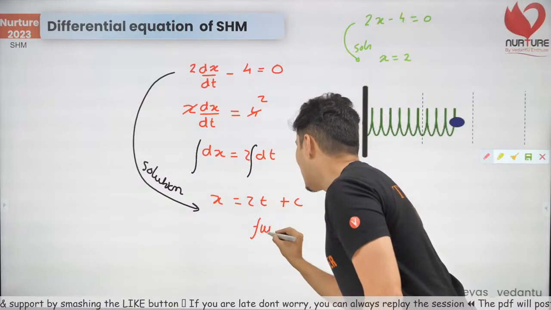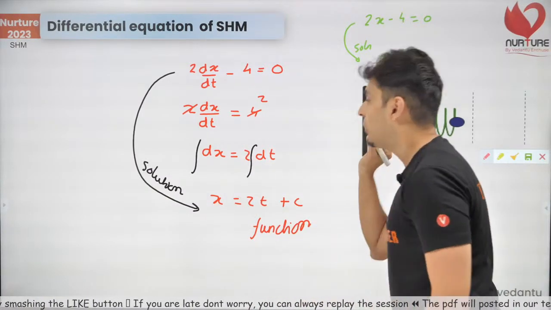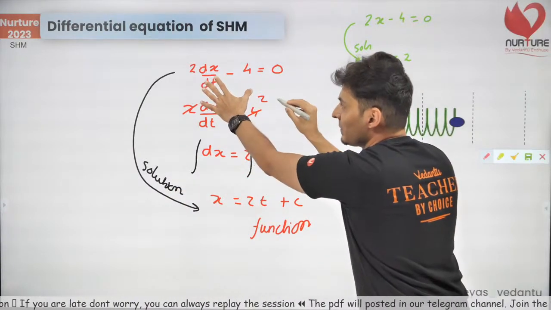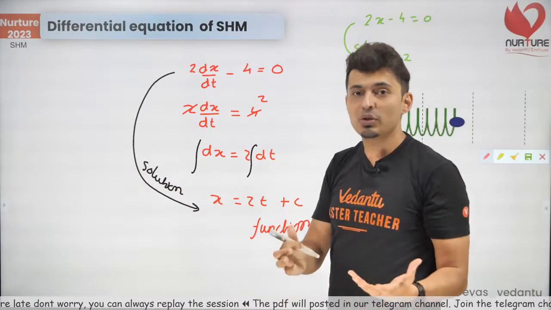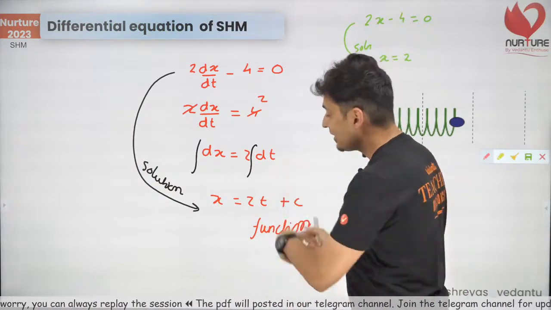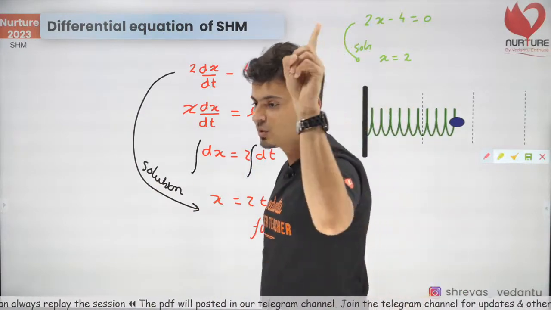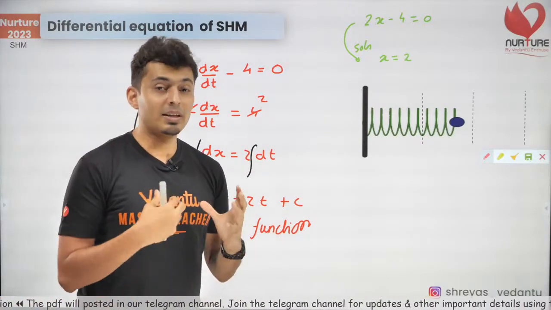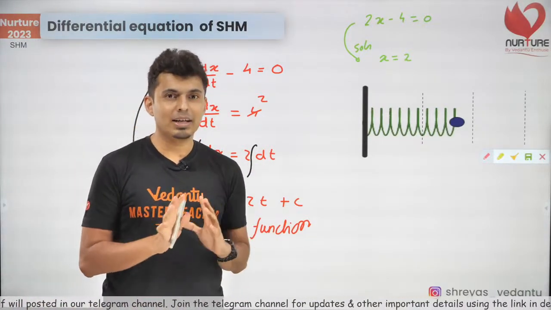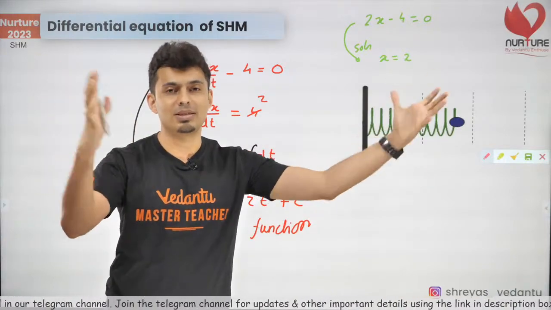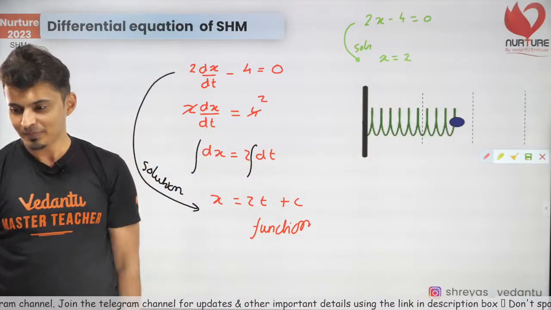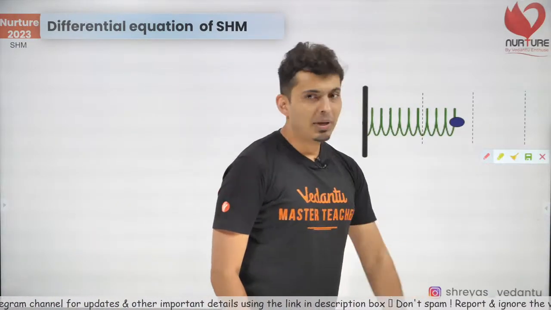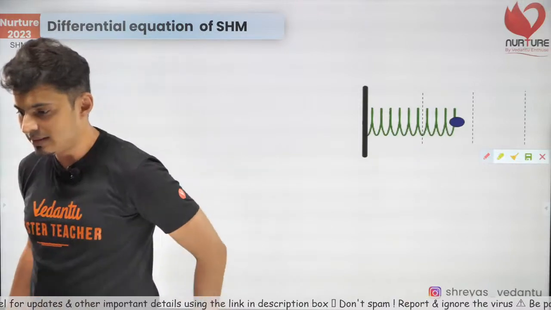This is nothing but a function. So for a differential equation, you would expect the solution to be not a number but a function. Any differential equation, when solved, you will most likely not get a number, you will get a function of something. That's what it is. Understood? Clear? Amazing? Liking? Please let me know.